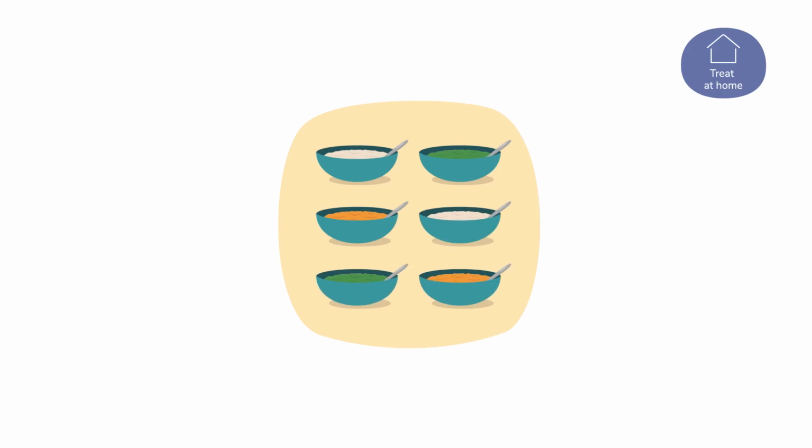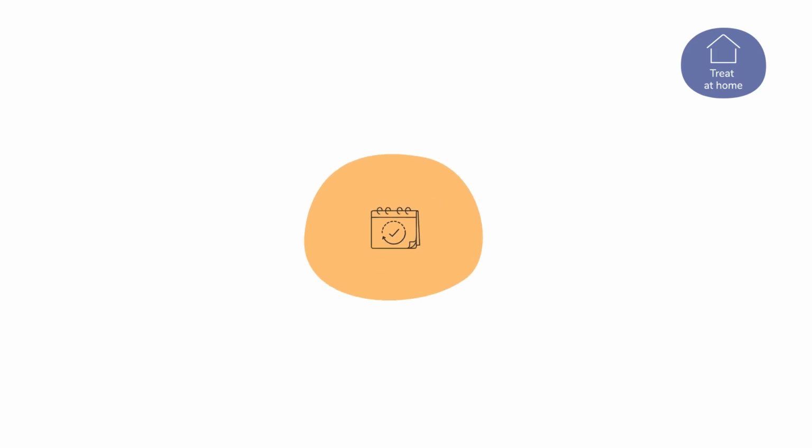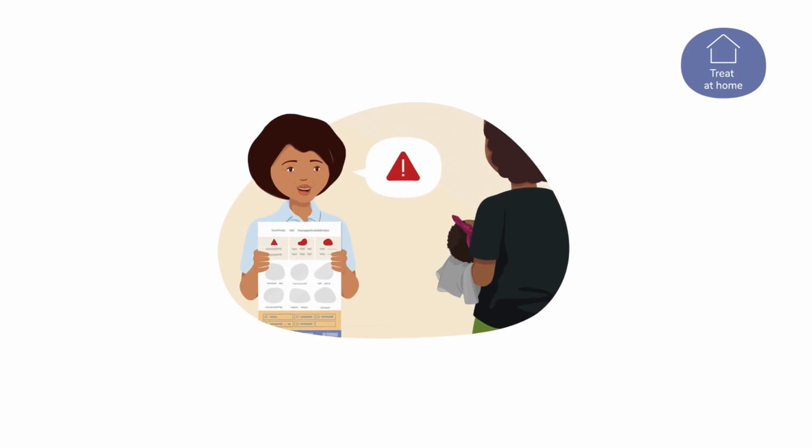Because severe diarrhea can cause malnourishment, once the child is better, the caregiver should give foods with extra vitamins and minerals and feed them more often. Ask to see the child again in a few days or sooner if the child gets sicker. Educate the family on the danger signs to look out for and ensure they know that these mean that the child needs to go to a health facility urgently.